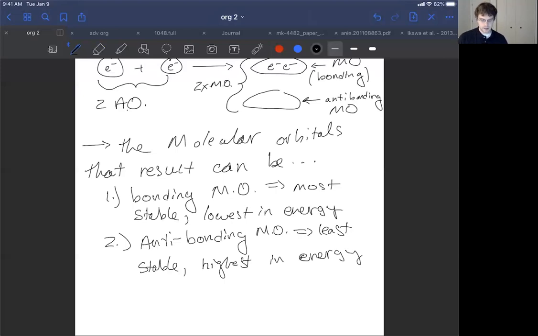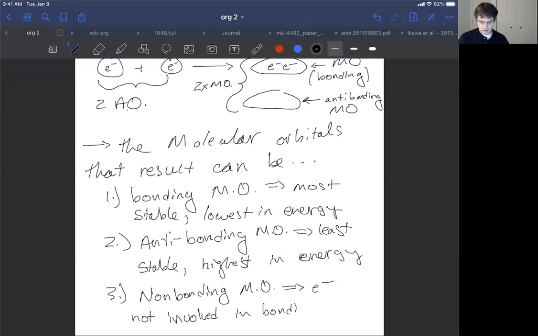Okay. And then 3, we could have non-bonding molecular orbitals. And this would be where you kind of put your lone pairs or electrons not involved in bonding. So we're always going to see examples of 1 and 2, and it's just sort of occasionally that we see opportunities for non-bonding electrons.